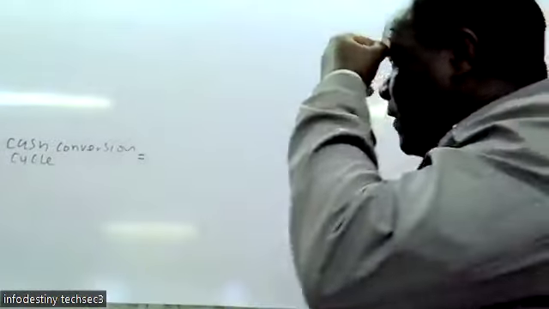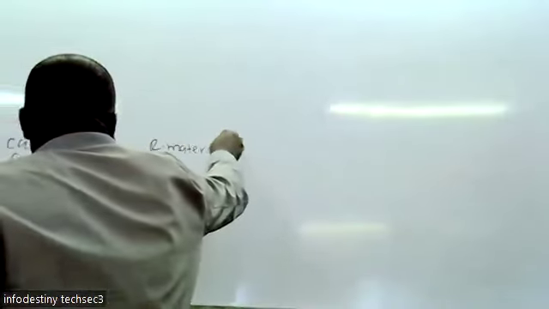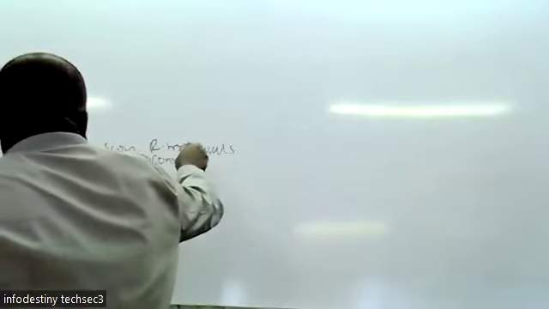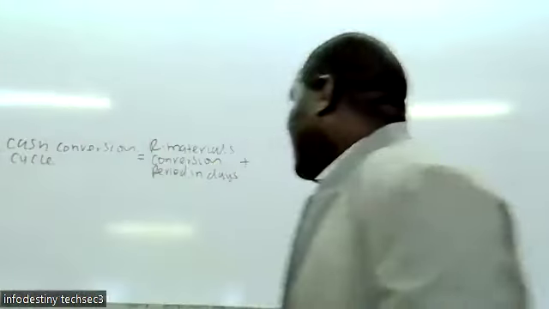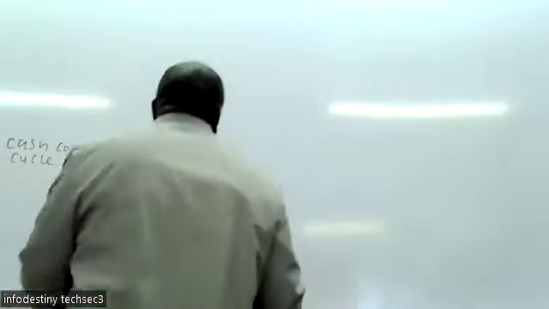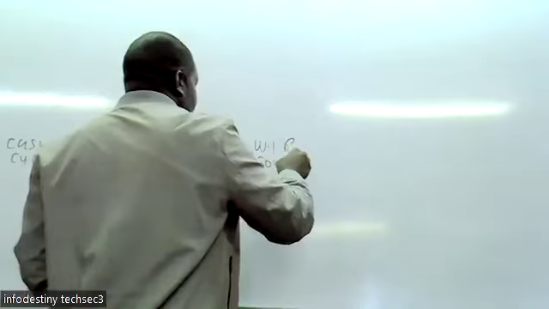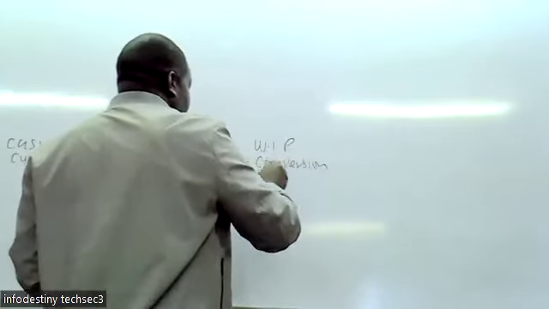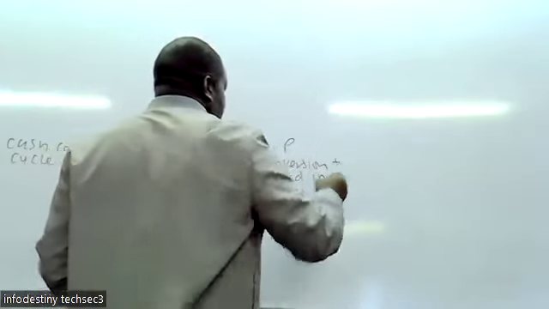So cash conversion cycle or operating cycle will be given by the raw materials conversion period in days. Then we add the work in progress conversion period in days.